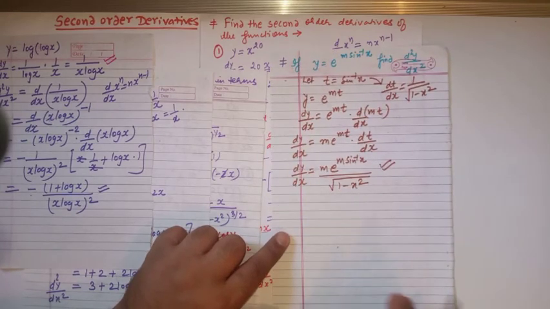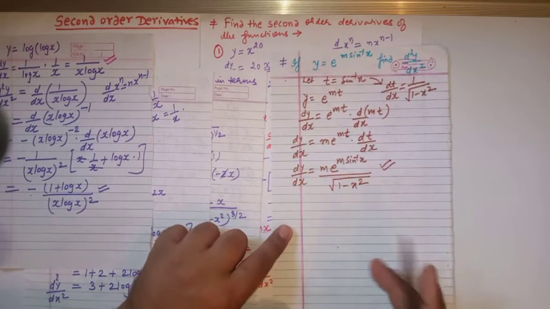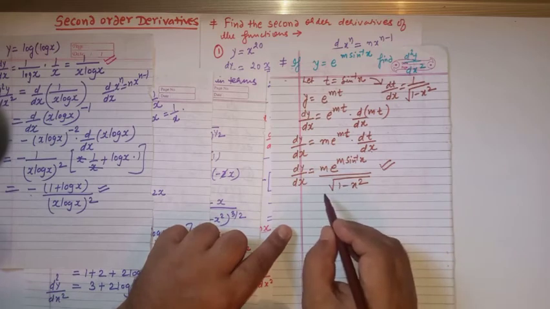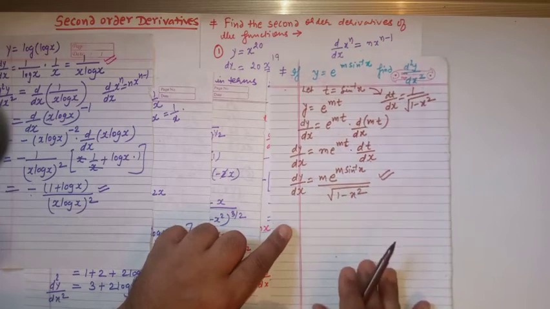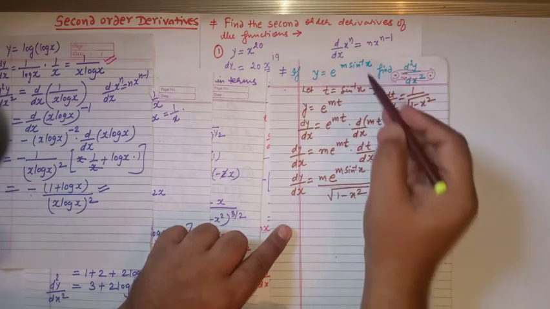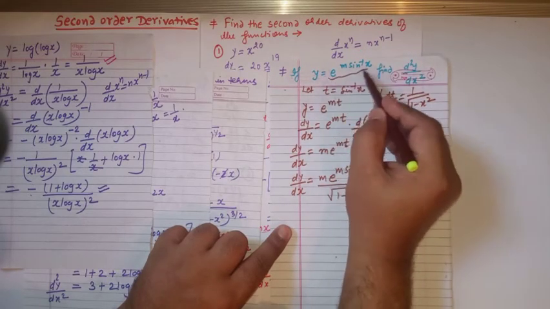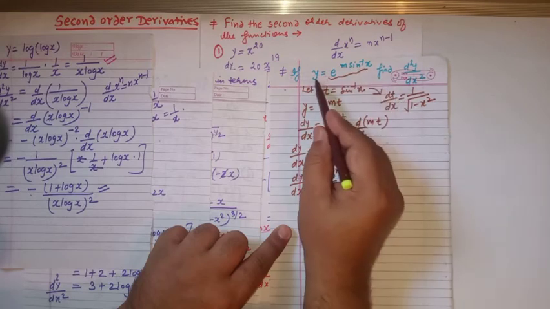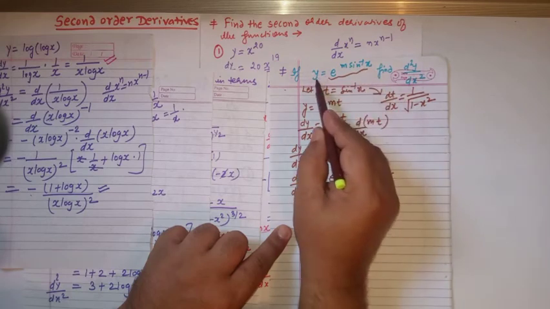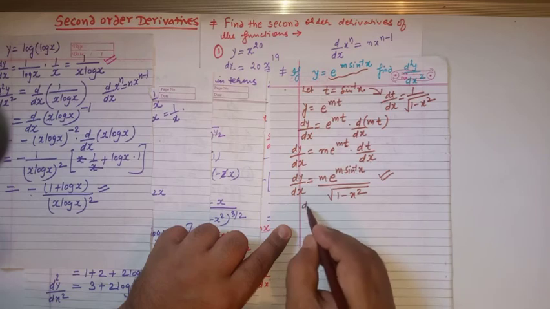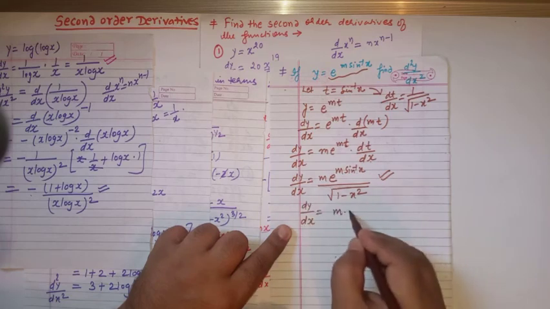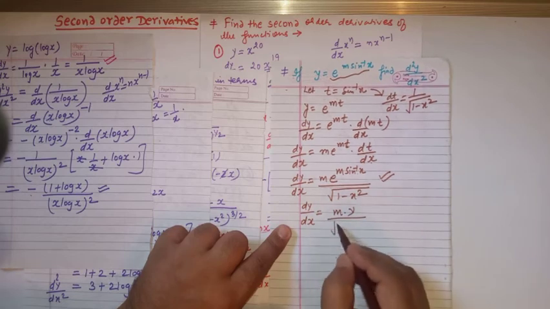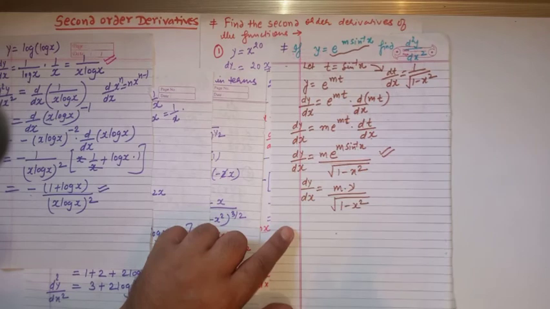Now we have to find the second derivative. For the second derivative, we take e raised to m sine inverse x, which is equal to y. So dy over dx can be written as m times y divided by square root of 1 minus x square.